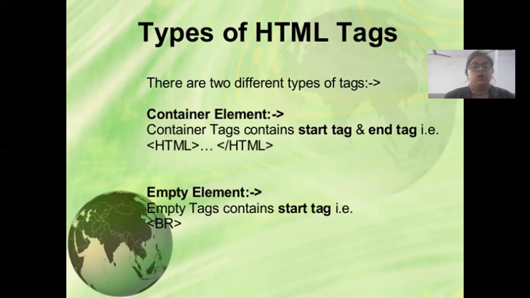Moving on to the second one, the empty tag. They just need to start. No closing is needed in that case. Looking at the examples of each, container tags are like those given on the screen. One you can read, HTML tag opens here and HTML tag closes here. So starting and ending, or opening and closing, both are important in a container tag. In an empty tag, we just need to start, for example, the BR tag.